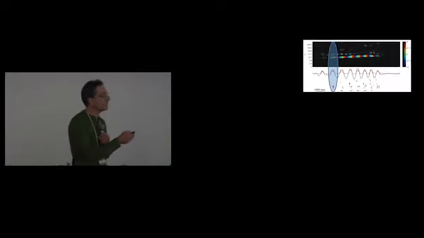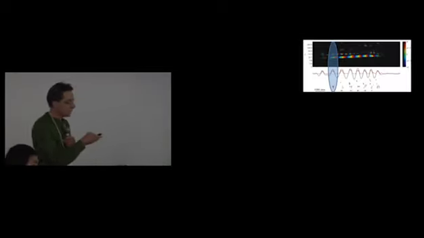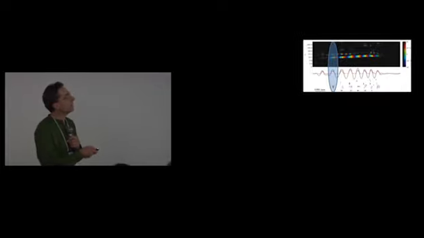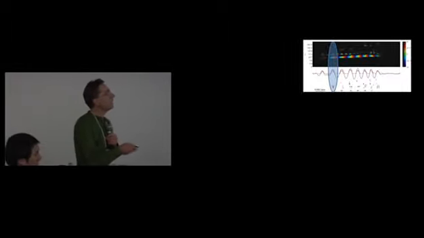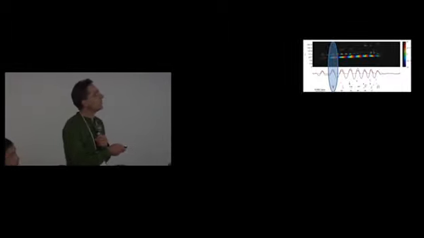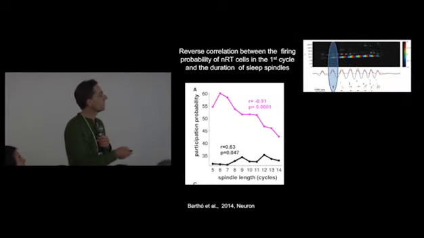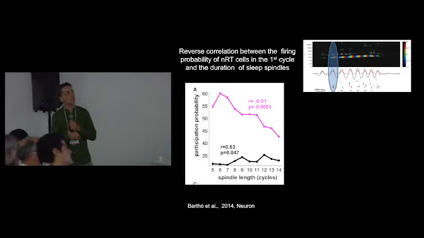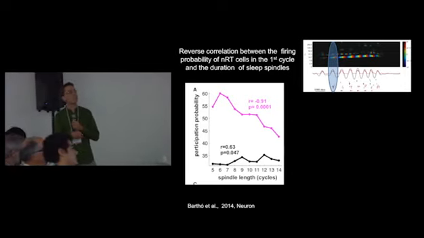So how can you differentiate between them? What we first did was examine the first cycle and determine the probability that an individual cell fires in the first cycle. And we examined the relationship between firing in the first cycle and the duration of the spindles. And this is what we got. I think it's quite shocking. In case of the TC cells, you don't see much correlation.